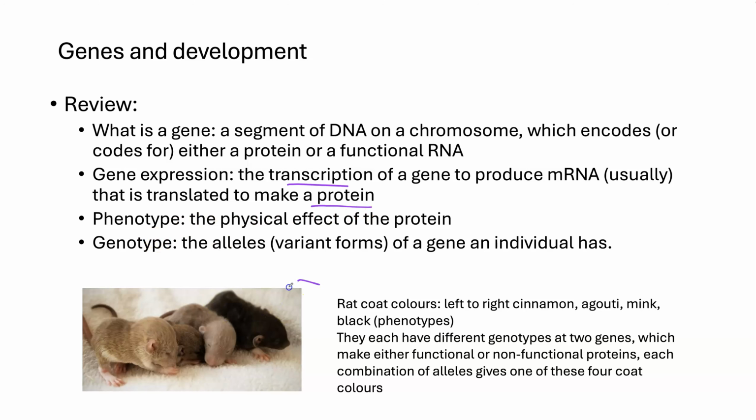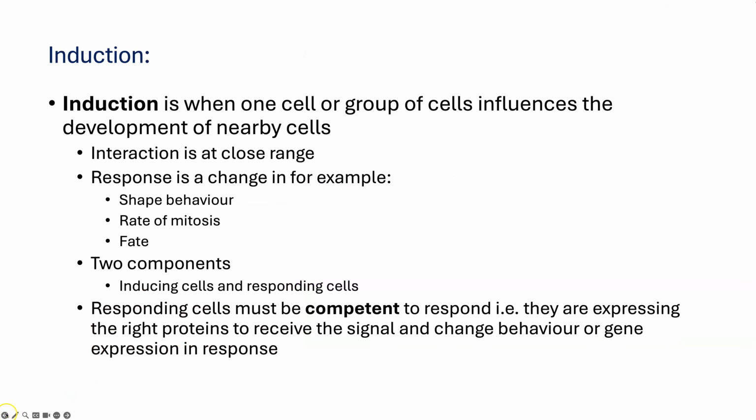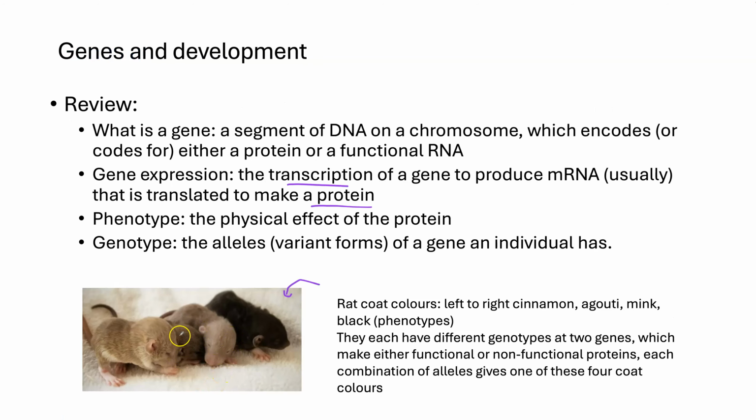So if you look at this image, which I grabbed from Pinterest, these are four little baby rats, and they have different coat colors. This one is cinnamon. This one is agouti. You can't see them very well, but this is basically a rat that is black, like this mouse, but has an additional genetic allele that causes little speckles on the hairs, and so creates this more grayish kind of appearance.